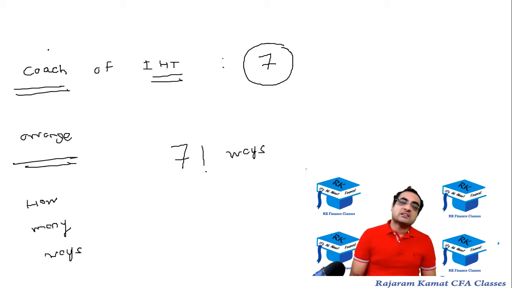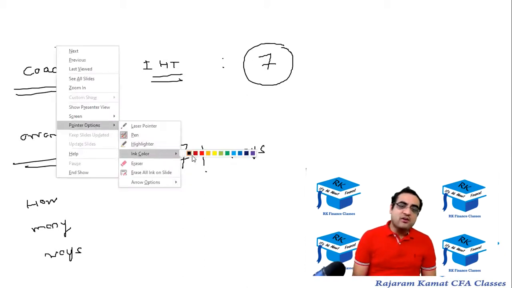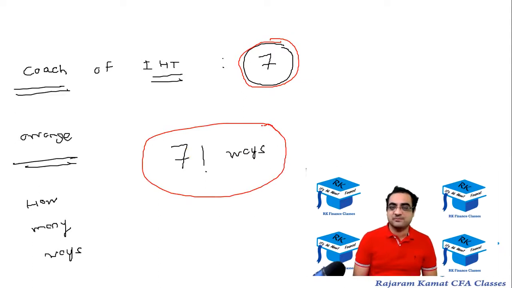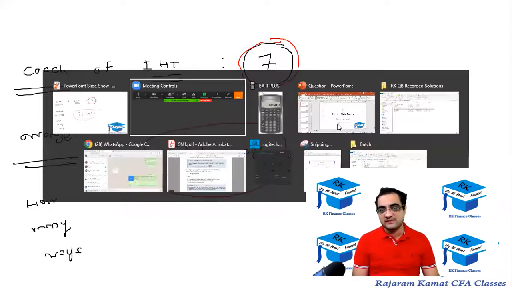So over here, you didn't have the authority to choose or select. You were given 7 players and you had the authority to only arrange them. So this arrangement could happen in 7 factorial ways. How to get 7 factorial on the calculator? Look at the screen.